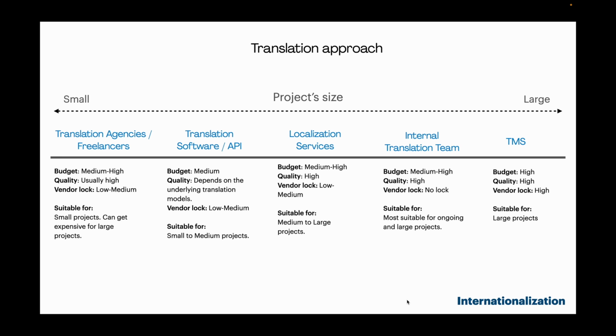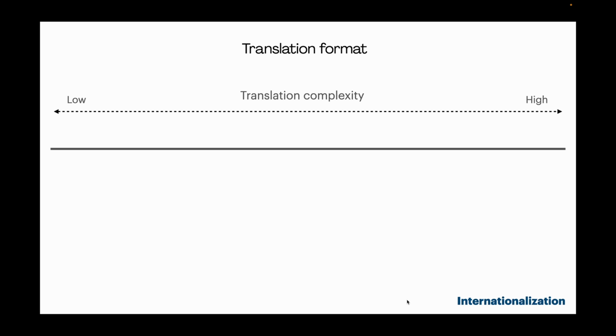Suitable for projects with a big budget and substantial scale. High vendor lock, so choose carefully. Each approach has its advantages and limitations, making it crucial to align your choice with your project's specific needs, budget, and long-term goals.